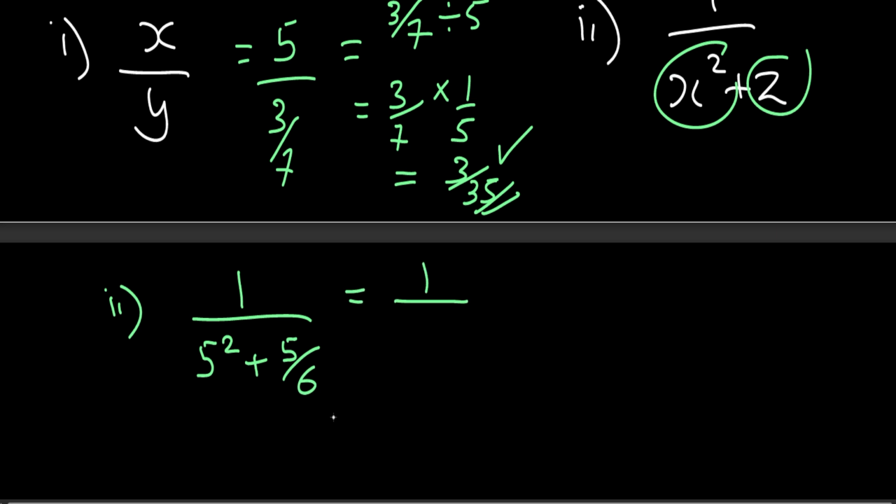So 1 over 5 squared, which is 25, plus 5 over 6. Again, we say the reciprocal, whichever number is down goes up, whichever number is up goes down.